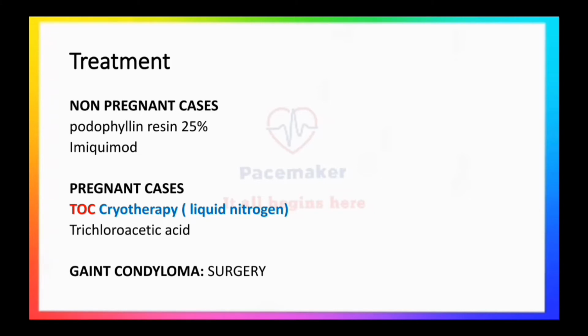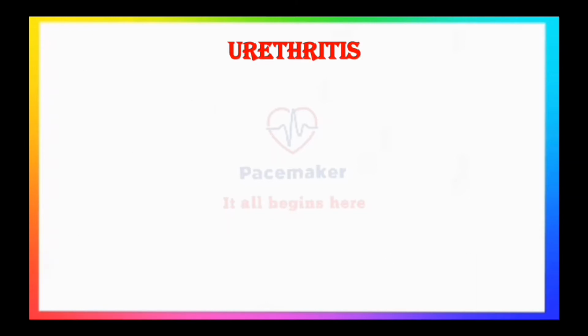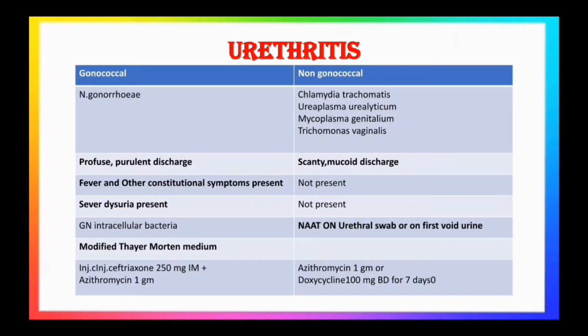This is about condyloma acuminata, and now let us look at one more condition, that is urethritis. Urethritis in clinical forms is of two types, gonococcal and non-gonococcal. Gonococcal urethritis is caused by gonorrhea, while non-gonococcal is caused by chlamydia trachomatis, ureaplasma urealyticum, mycoplasma genitalium, and trichomonas vaginalis.